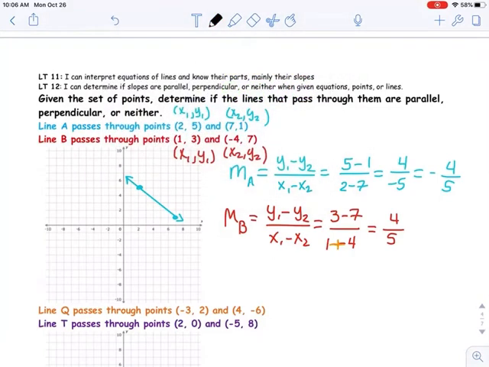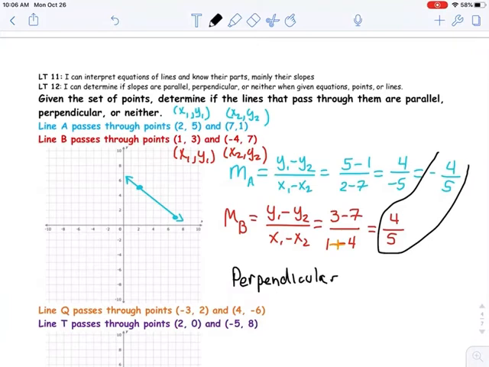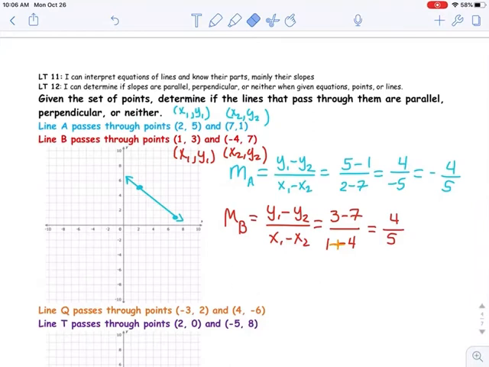All right, so I don't have to graph this. We already know that the lines are going to be perpendicular based off their slopes. All right, we have negative 4/5. We have, hold on, time out. Brain fart. So embarrassing that I almost did this. They are neither. I almost brain farted.